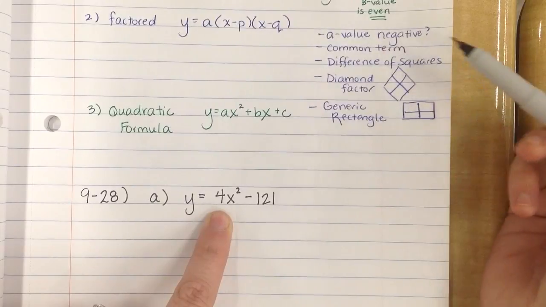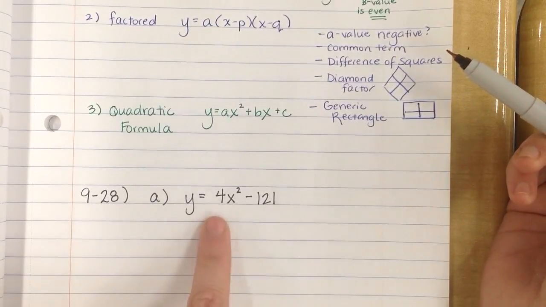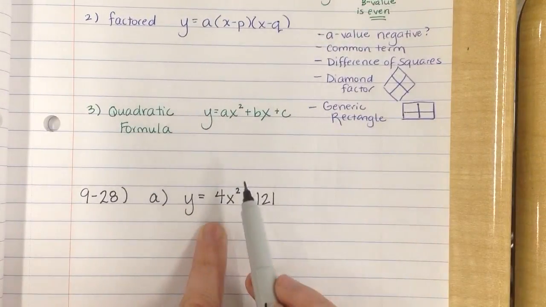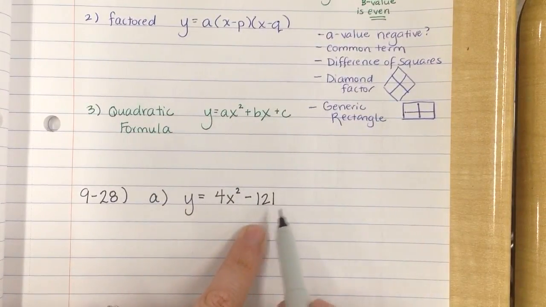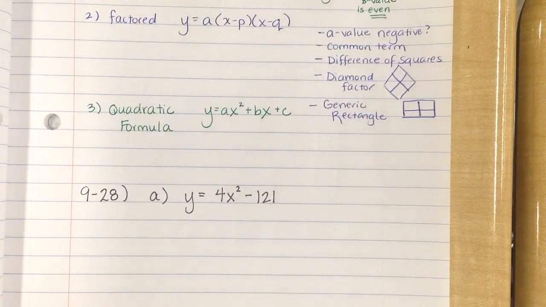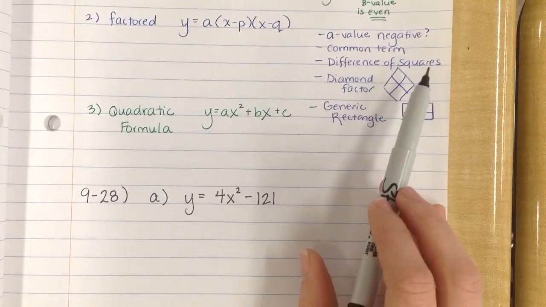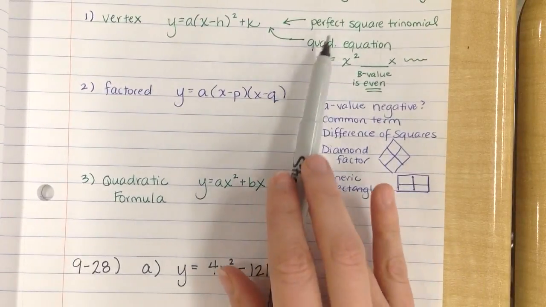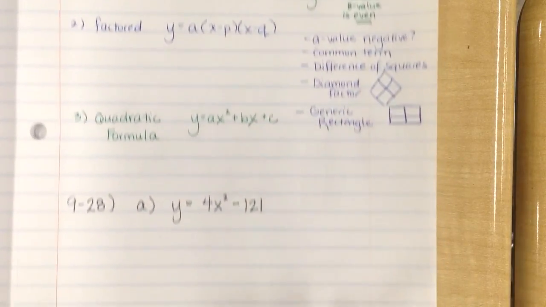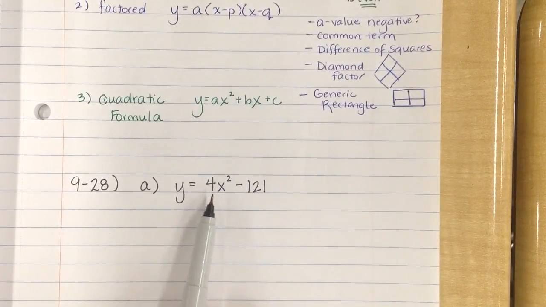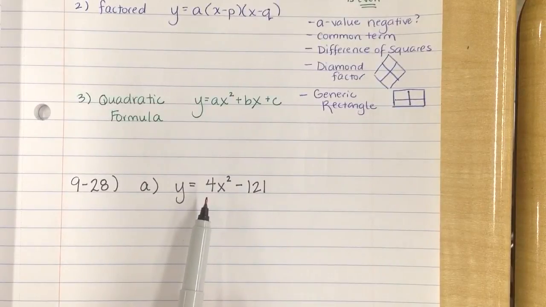Is there a common term that can be factored out of all of the terms, technically in this case a binomial? Do 4 and 121 share any common terms that we can divide by and factor out into the front of it? No, it doesn't. So we're going to move on to our third. Does it meet the special case requirements for either difference of squares or to be a perfect square trinomial? In this case, the answer is actually yes. We look at the 4x squared and we tell ourselves, well, 4 is a perfect square.